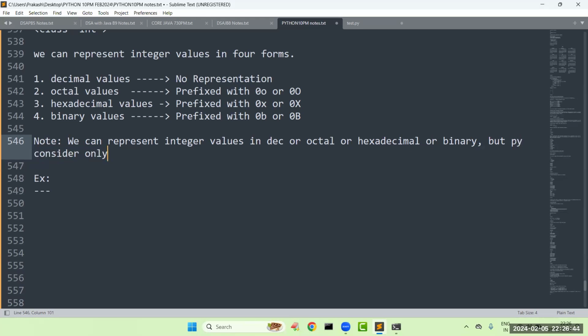You can represent the data in any format, but Python is going to consider it only in decimal form. I will take one example, then you will be able to understand well.